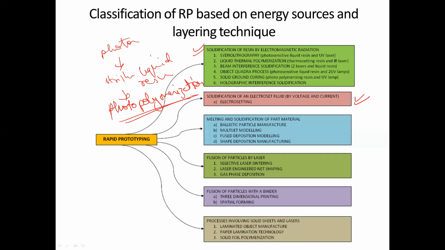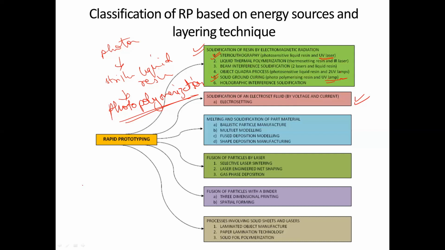The most common system that you will find there is stereolithography. And another process is called solid ground curing, SGC. Solid ground curing is very commonly used by jewelers, who make multiple designs of jewelry at the same time. Here we use a UV lamp, but in stereolithography we use a UV laser. Okay. There are other processes also, that is beam interference solidification.